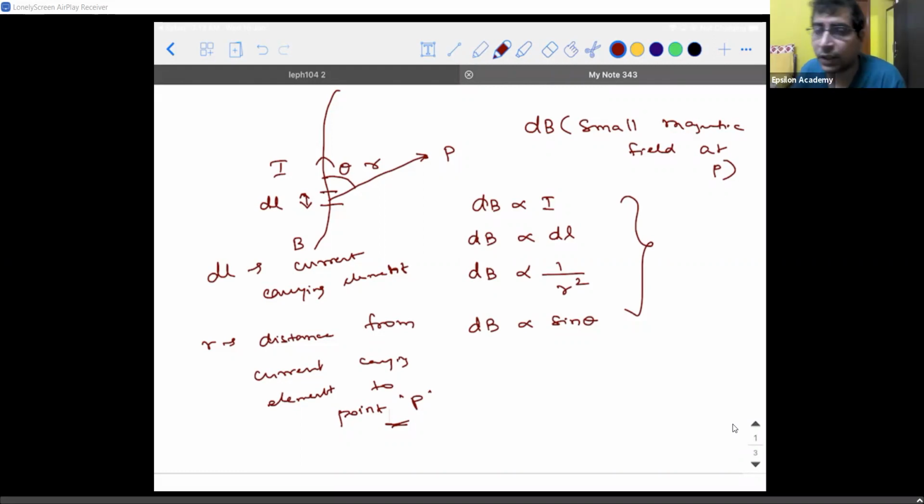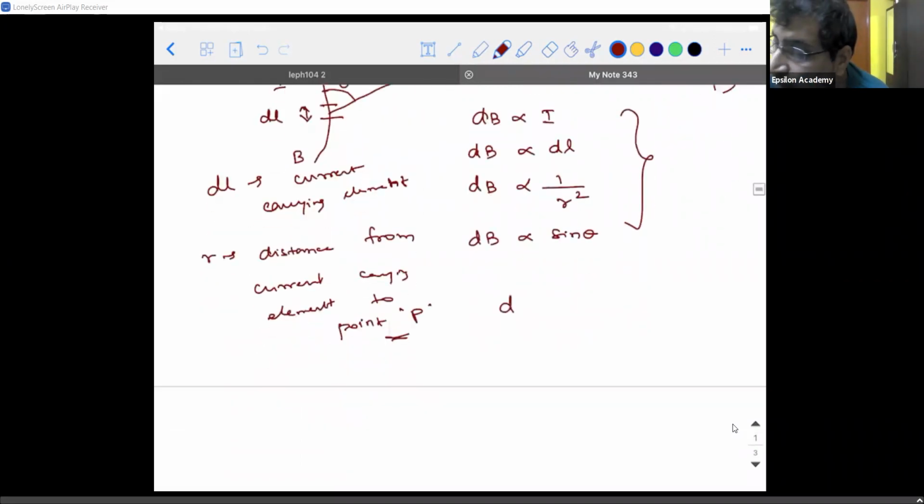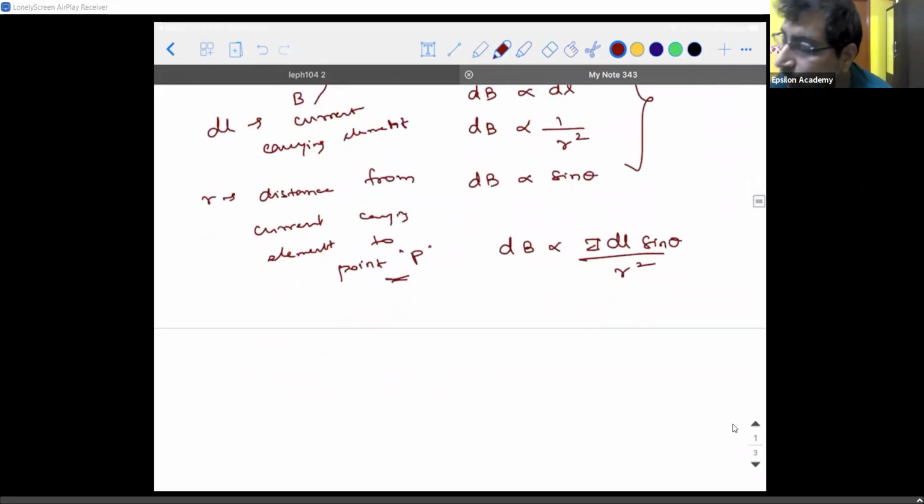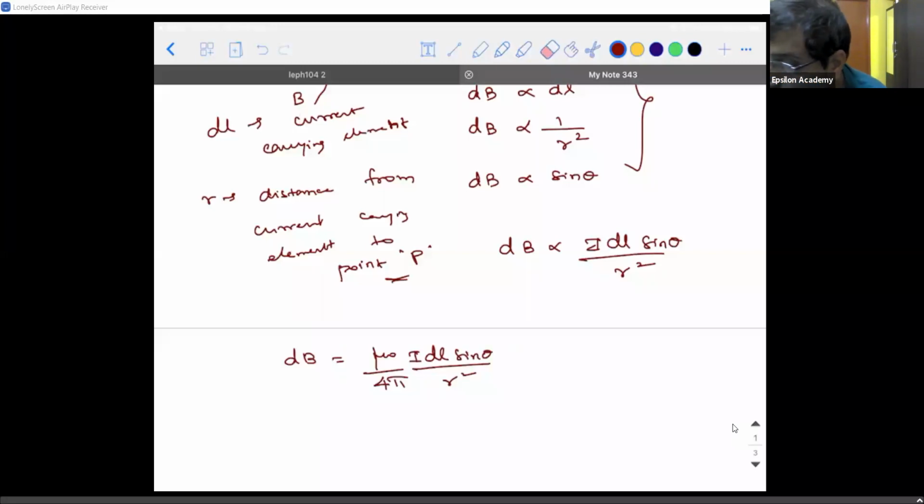So dB is this thing. If you combine all these parameters, then dB is observed to be directly proportional to I dl sine theta divided by r square. Then if we remove the proportionality symbol, dB can be written as mu naught divided by 4 pi into I dl sine theta divided by r square.